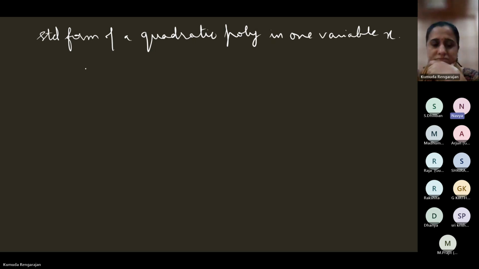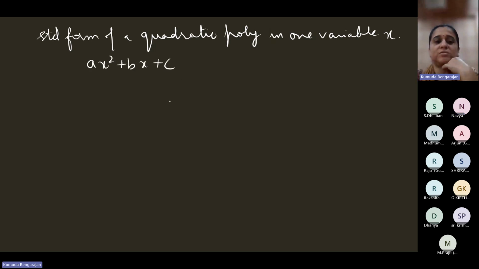Ma'am, ax squared plus bx plus c. Very good. ax square plus bx plus c is the standard form of a quadratic polynomial in one variable x.